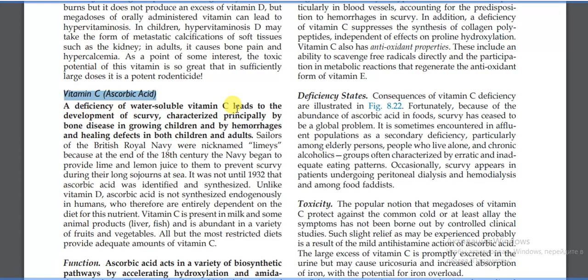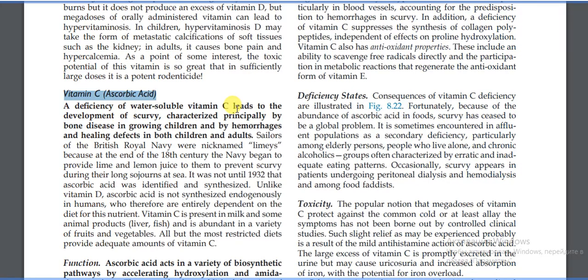But citrus juices or any products which contain vitamin C are very easily spoiled during the journey. That's why they didn't take these products, because they didn't know about scurvy.